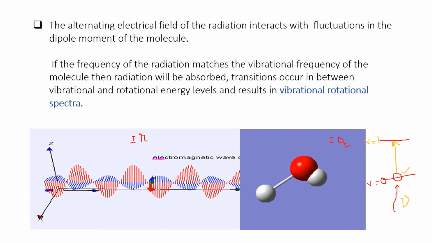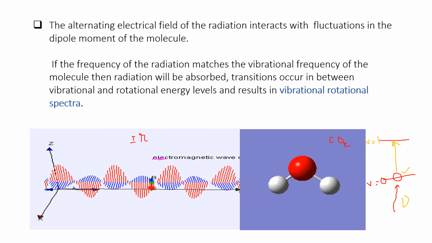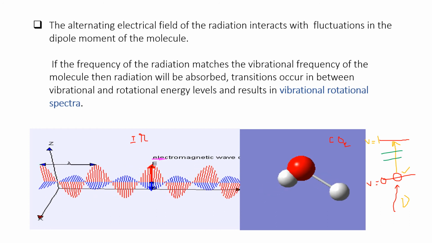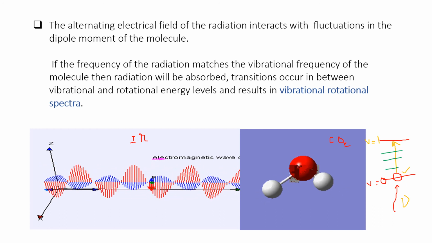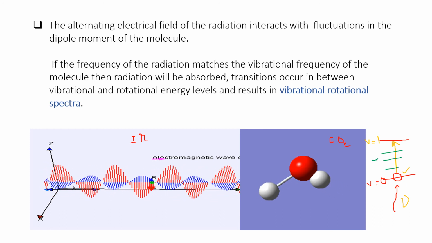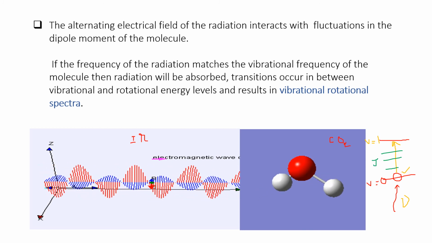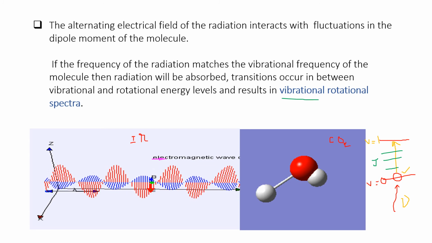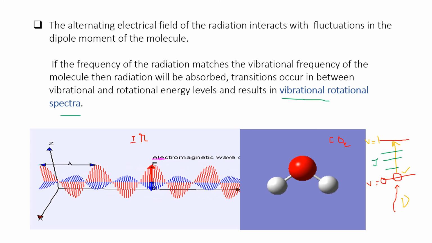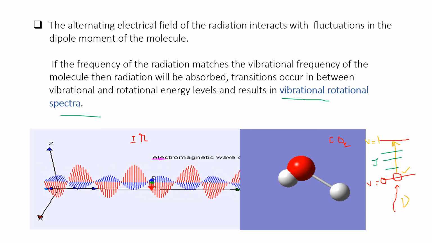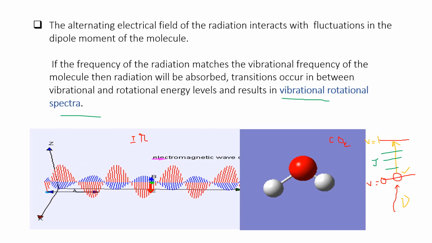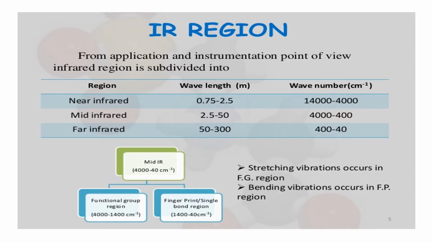But in between two vibrational energy levels, we have an infinite number of rotational energy levels. So automatically there is a change in rotational energy also. So we will say that there is a vibrational-rotational spectrum. This is how IR radiation will interact with a molecule.